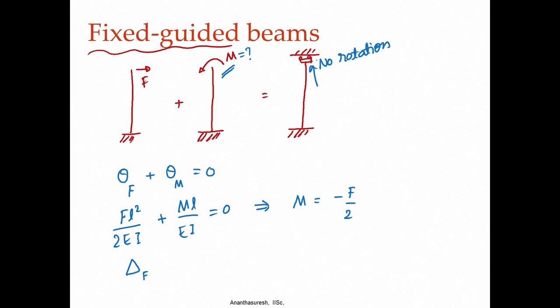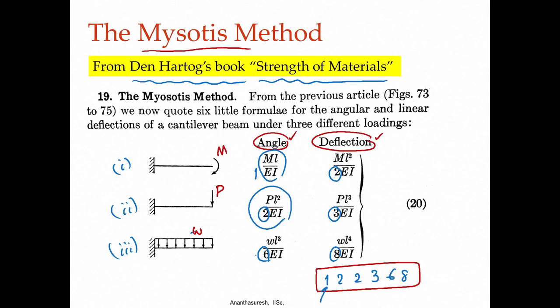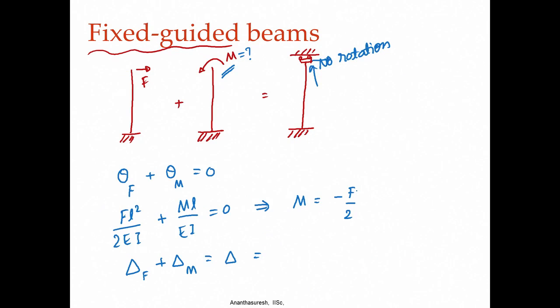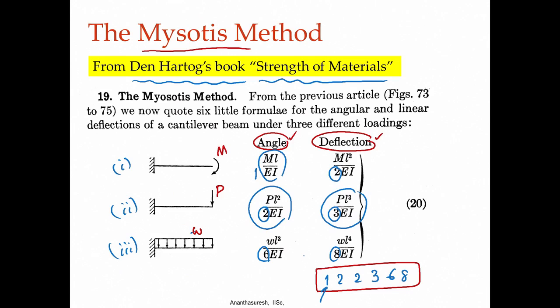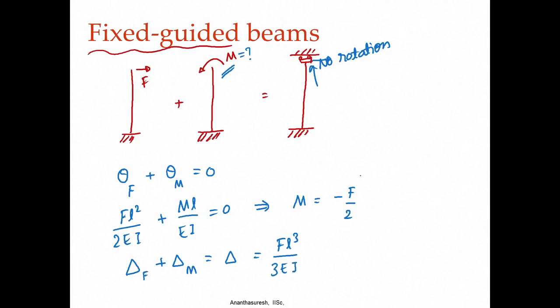So, that is over there, how much does it move? So, delta F plus delta M will give me the delta that I want. What is delta F? You go back to Maisotis, and delta due to force is this, our familiar FL cube by 3EI. So, FL cube by 3EI, and then we have due to moment, that is ML square by 2EI.